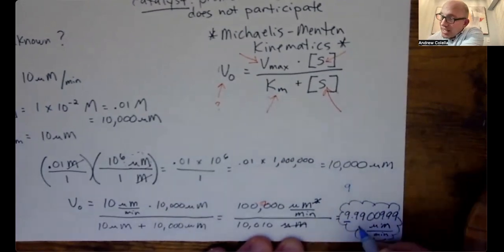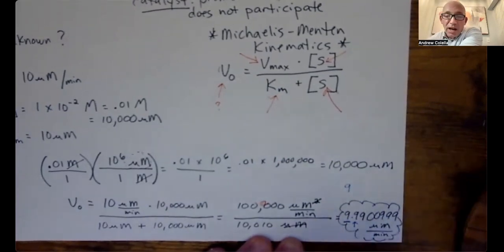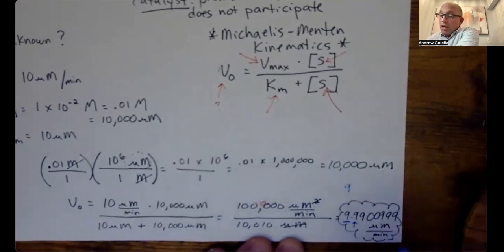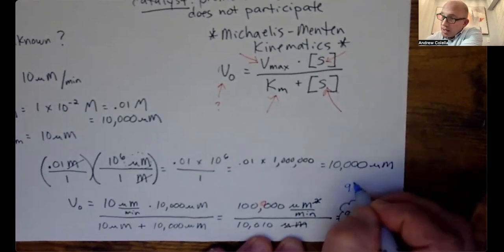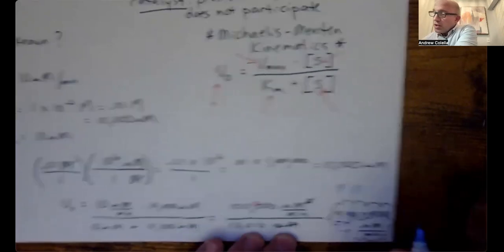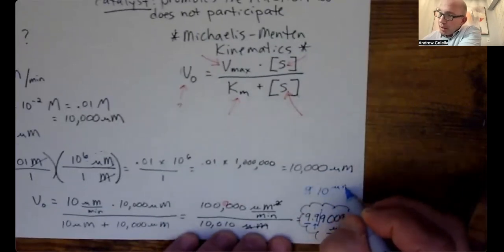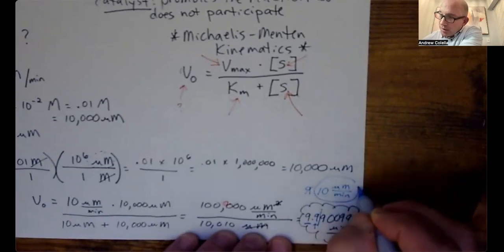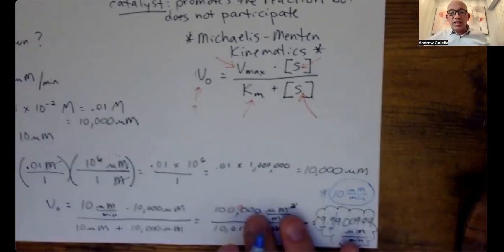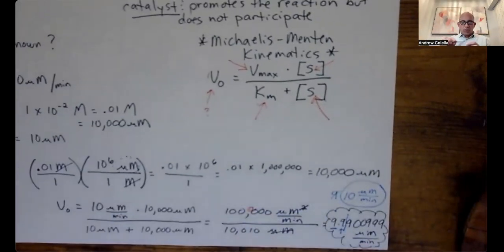However, we have to look at the next digit to figure out if we need to round up or down. Since it's 9.99999, I look at the digit after the 9, and I have to round that up to 10 as my significant digits. So a much more accurate answer would be 10 micromoles per minute as your velocity.